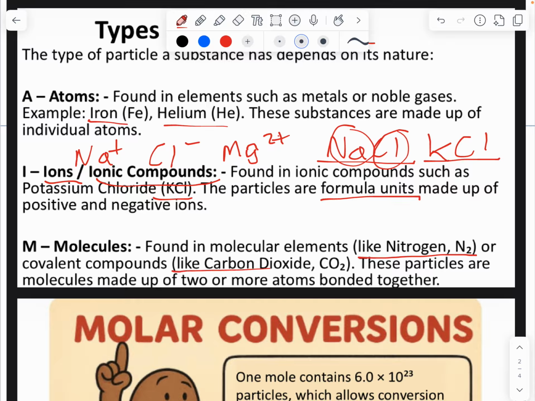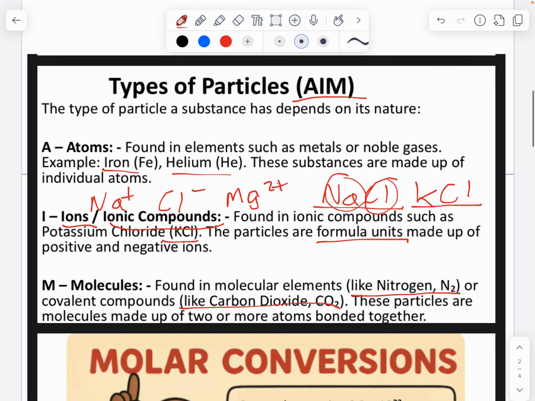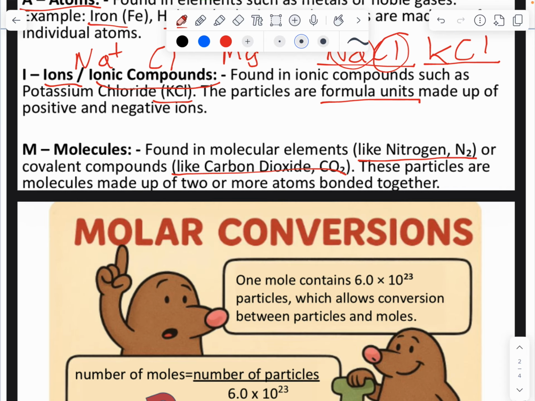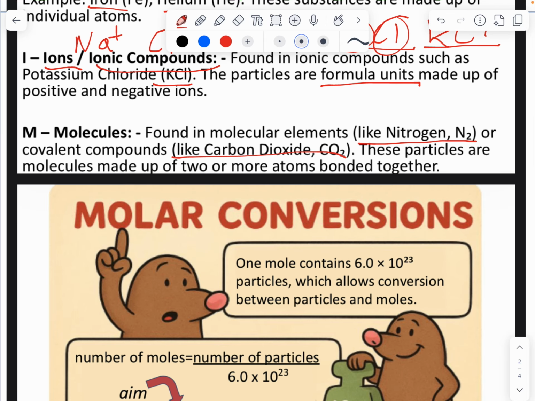Another example of a molecule is carbon dioxide. Carbon is a non-metal, oxygen is a non-metal, so it's also a molecule. Just remember that the types of particles are atoms, which we see on the periodic table, ions, ionic compounds and formula units, and molecules, which are our covalent compounds.